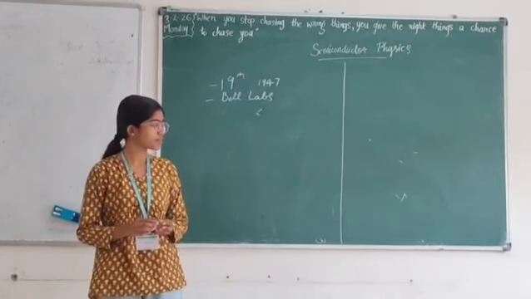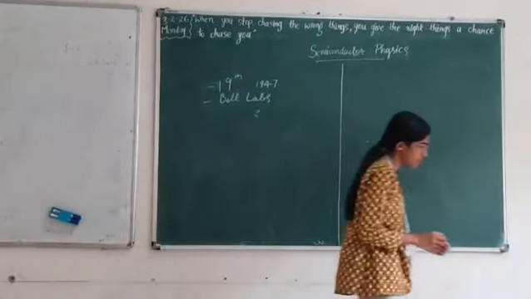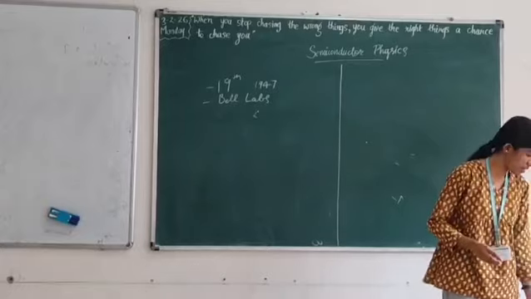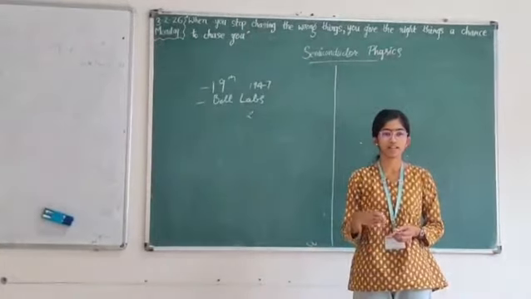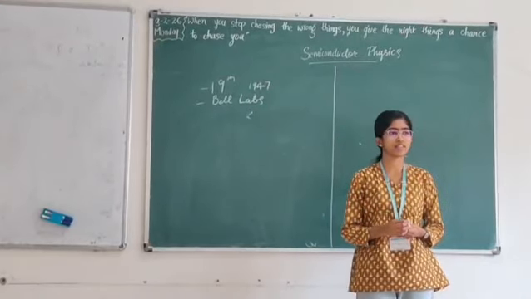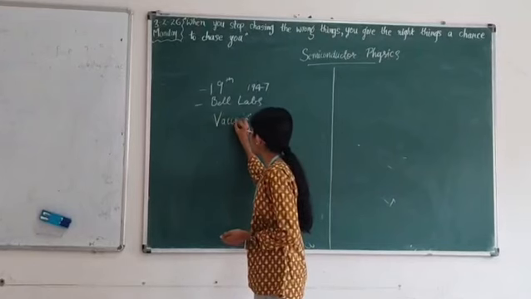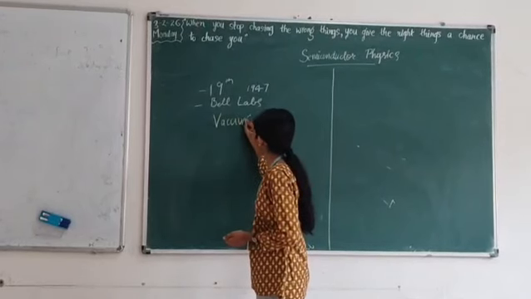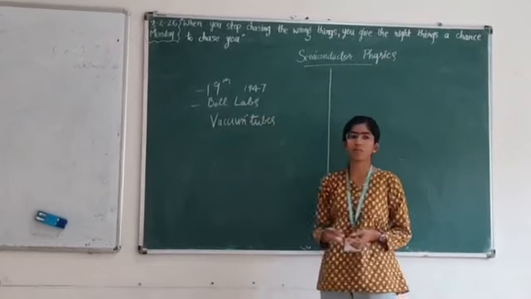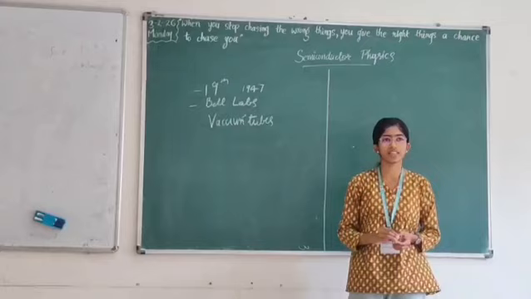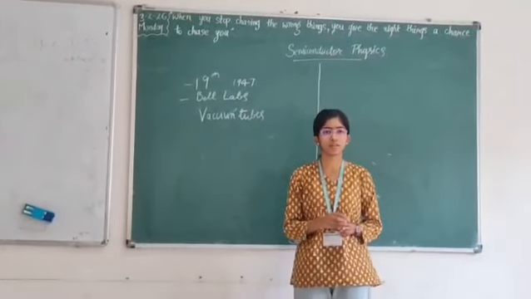Before transistors were discovered, our electronic devices greatly depended upon vacuum tubes. The problem with vacuum tubes was that they used to consume more power compared to resistors.